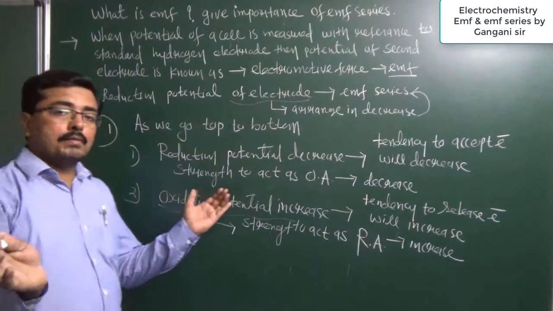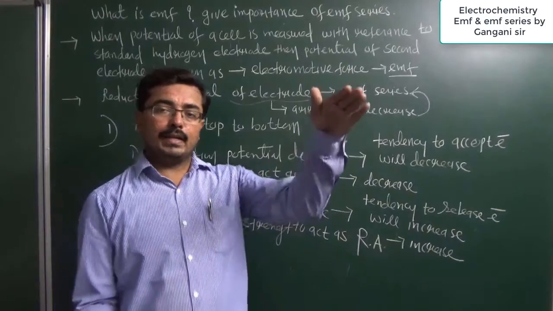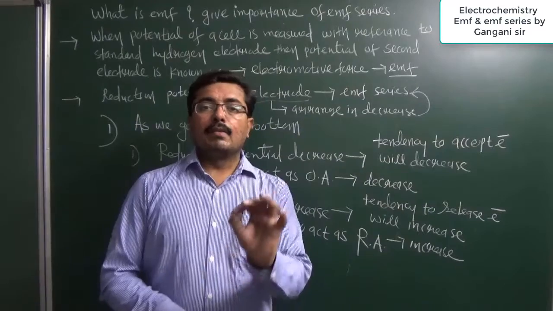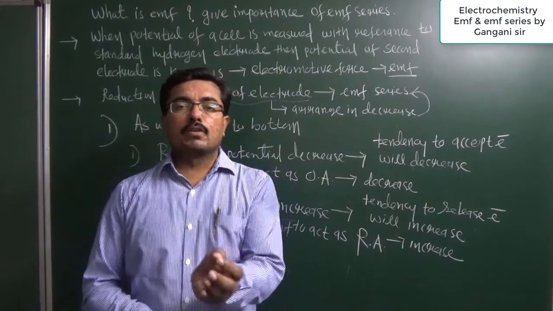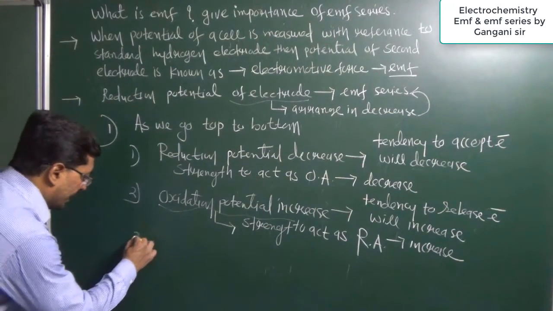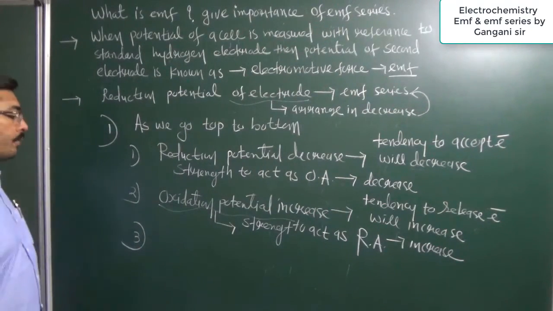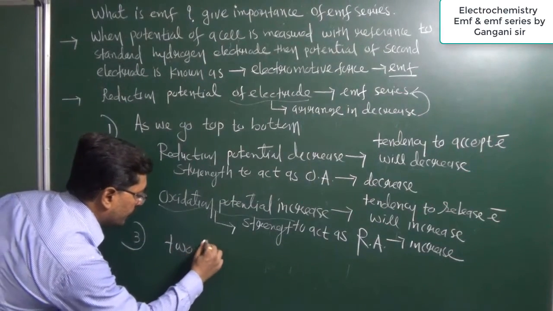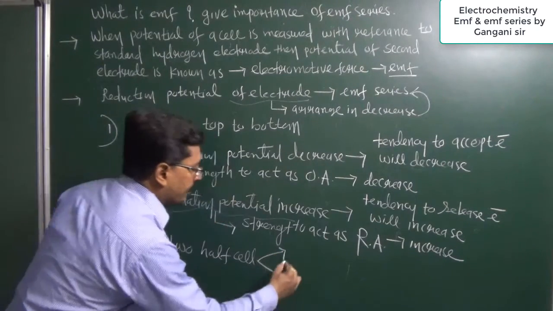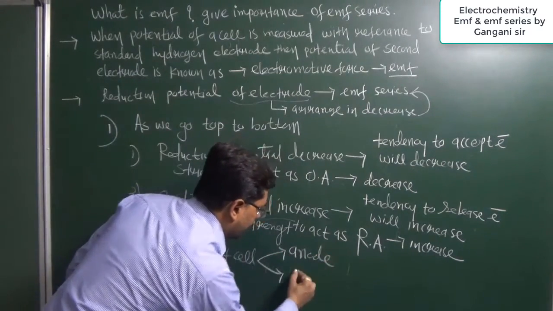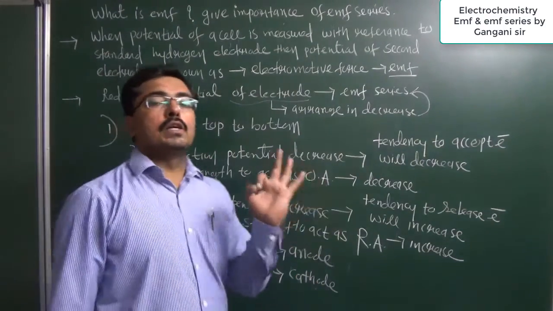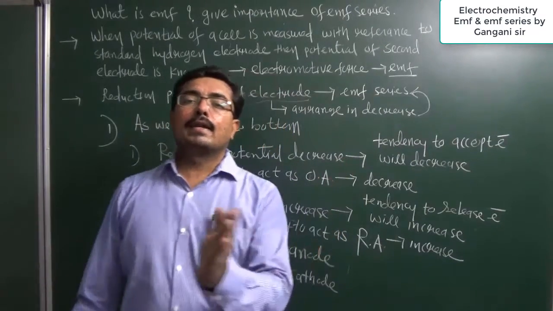Now, when we combine two half cells from the reduction potential series, we can predict which electrode will act as an anode and which will act as a cathode.